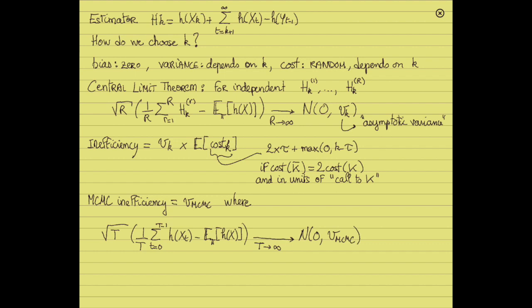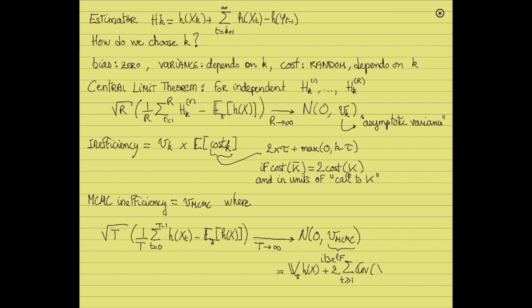What is this asymptotic variance? It can itself be written in various ways. For example, it's the variance of h of x under pi plus twice the infinite sum of covariances between h of x0 and h of xt when t is larger than or equal to 1.